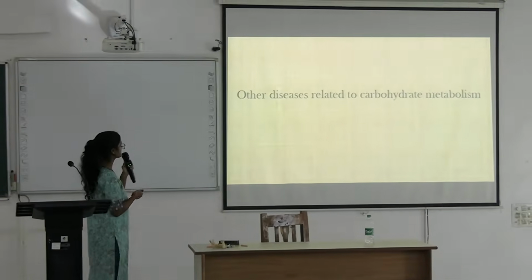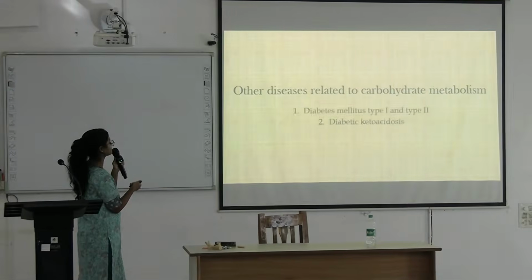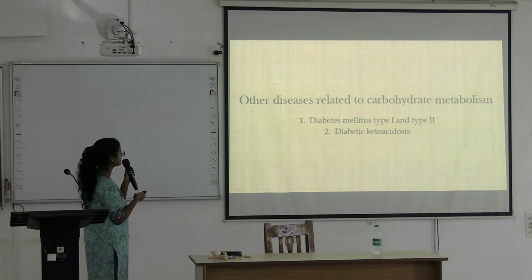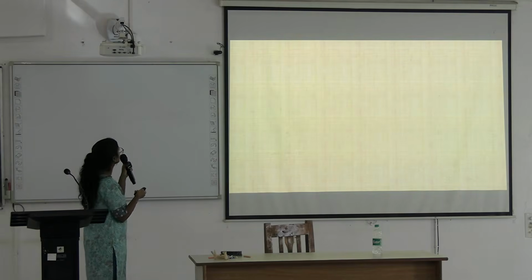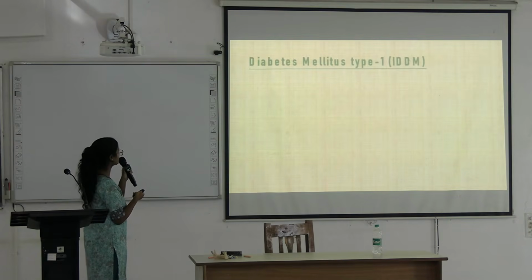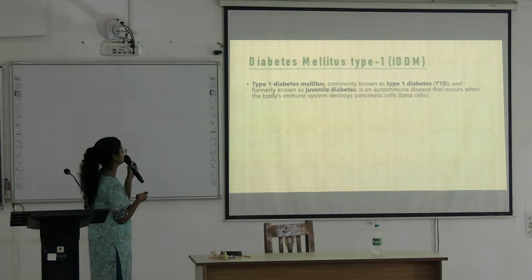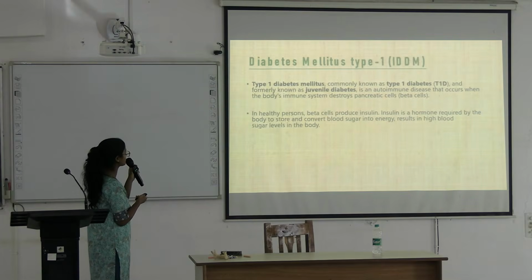So the other diseases related to carbohydrate metabolism disorders are, the first is diabetes mellitus, both type 1 and type 2. The second is diabetic ketoacidosis. So moving with diabetes mellitus type 1, it is usually present in small children. It is an autoimmune condition where the body's immune system destroys its own pancreatic cells.